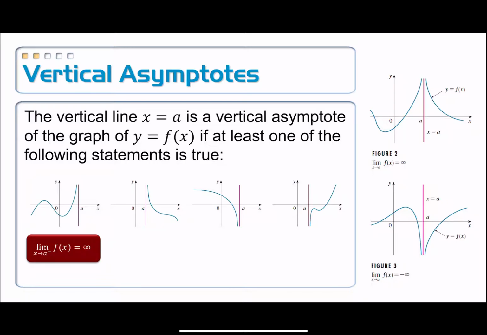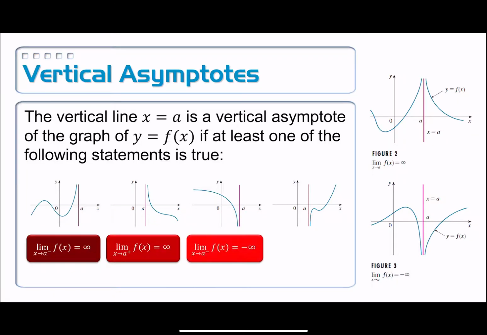The limit as x approaches a from the left of f of x is equal to infinity. On the left side, it's increasing without bound. We can do the same thing on the right side. It can increase without bound.